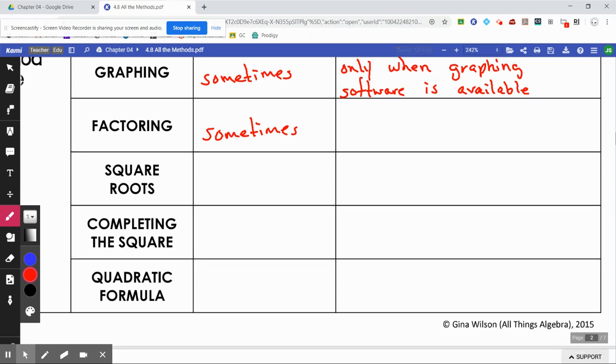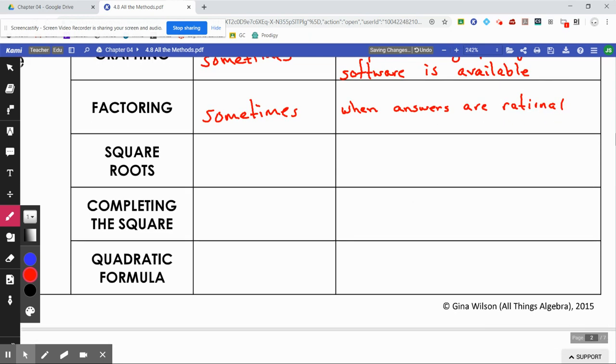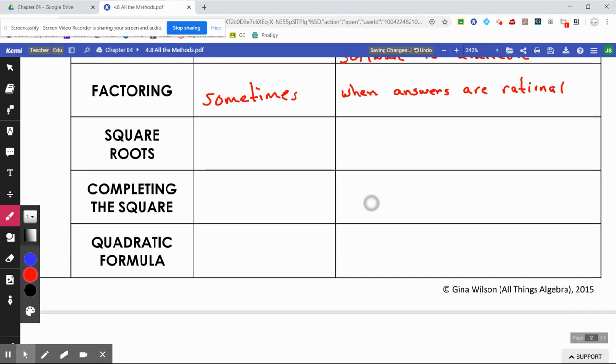So it can be used when answers are rational. You're not going to be able to factor most of the time if you have irrational answers. So if your answers were like -2 and +3, when it's something factorable, that would be the best time to use that.